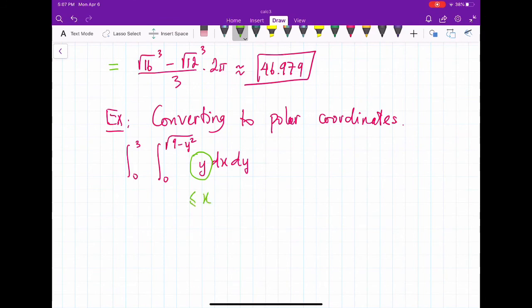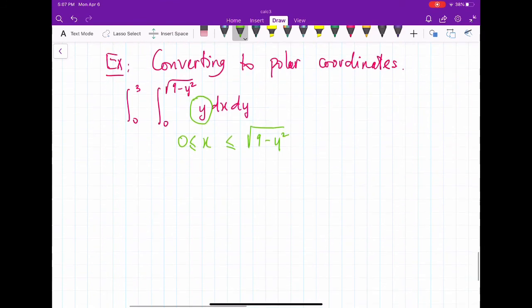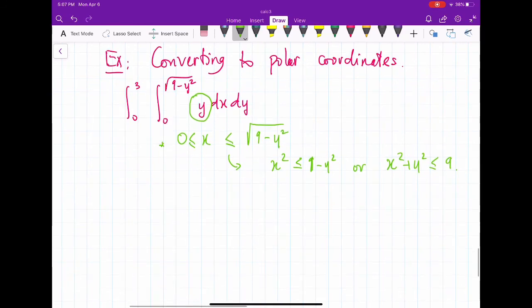X is greater than or equal to 0, less than or equal to the square root of 9 minus y squared. So you can see, actually, in this case, you have x squared less than or equal to 9 minus y squared, or x squared plus y squared less than or equal to 9, right? And y is between 0 and 3.